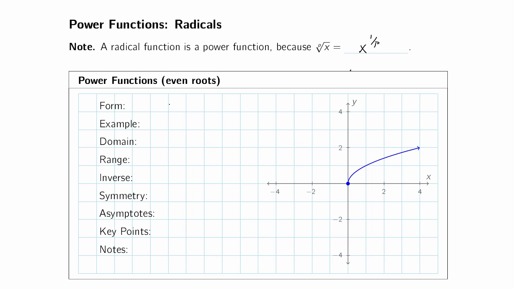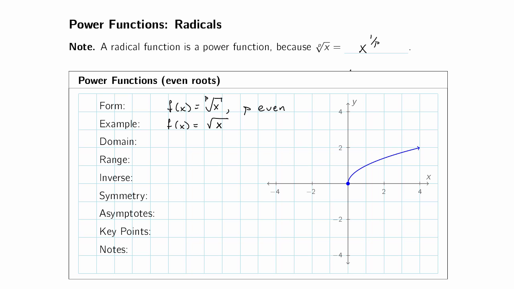Even roots are functions of the form f of x equals the pth root of x, where p is even. And our example is f of x equals the square root of x.